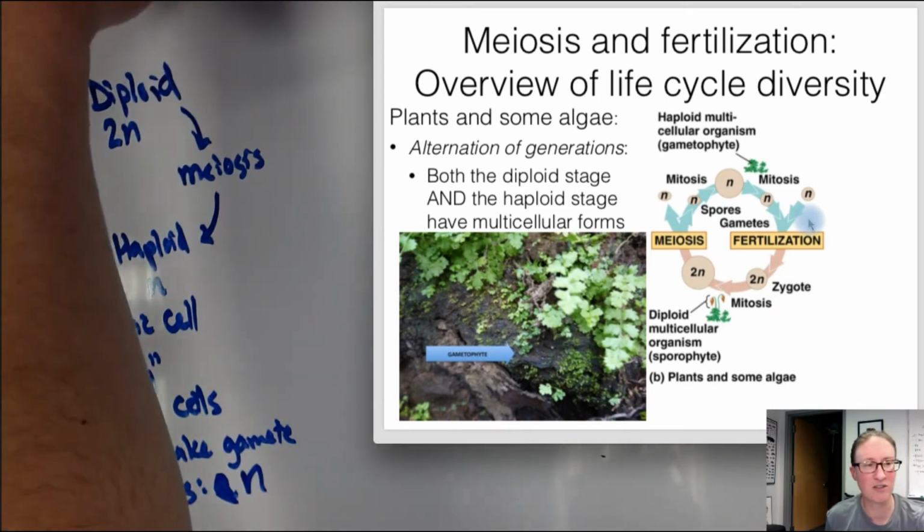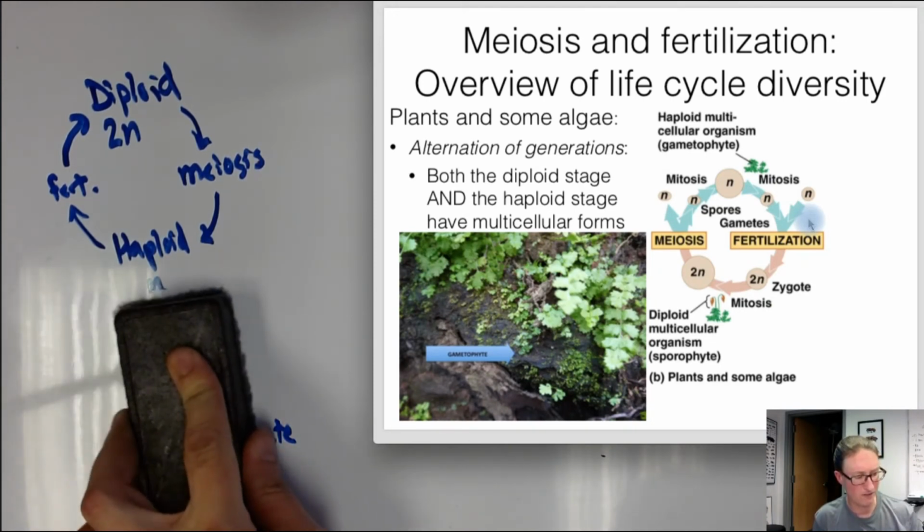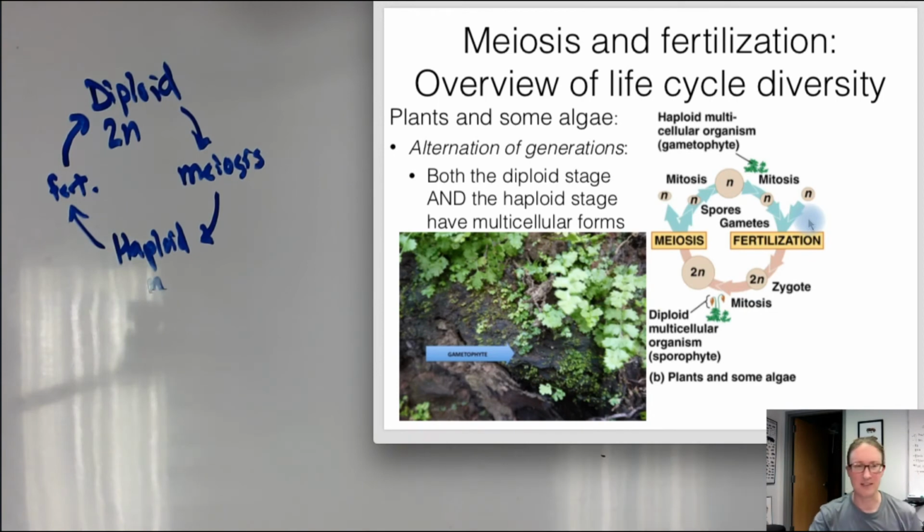So we wouldn't really talk so much about this contrast between somatic cells and germ cells, because that concept's not really relevant for these plants and algae. And so here's an example of that. So what's in this picture right here are all a type of fern, and you can see there's some large fronds here, and then there's something really tiny down here that's also growing, that's multicellular, that's also a fern plant.